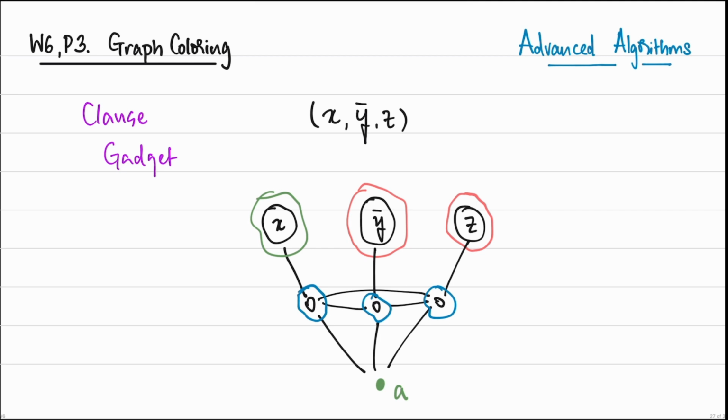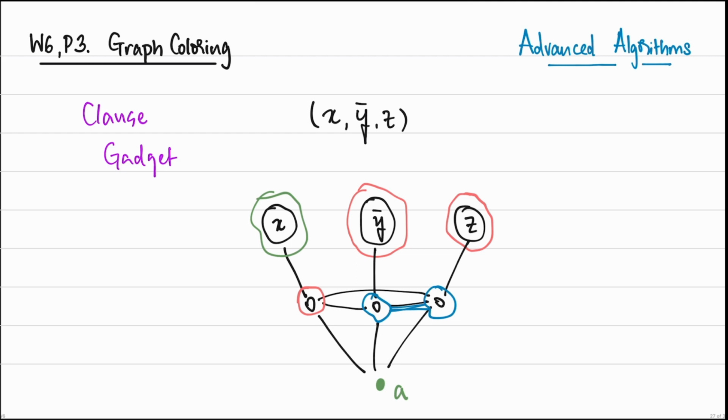And now you have a little more degree of freedom. You don't have to color this intermediate vertex blue. You can in fact color it red. But for the other two, we are still forced and stuck with the blue color. And because of this edge here, we still don't have a valid coloring, even though we have a valid assignment.